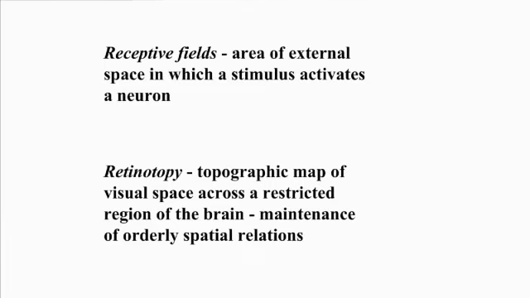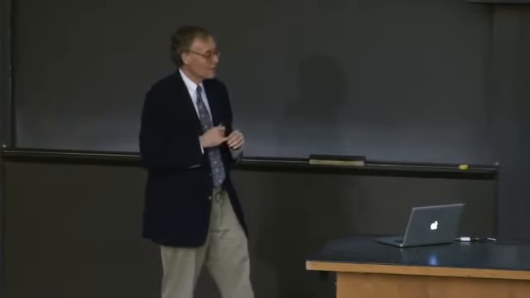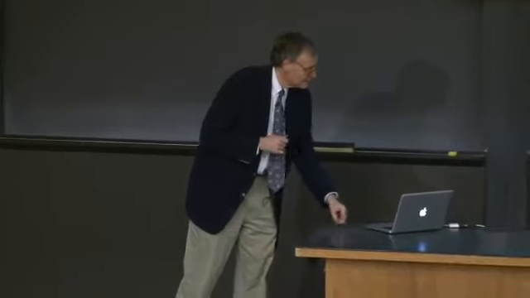Retinotopy refers to topographic or spatially organized maps of visual space across a restricted region of the brain. And so retinotopy keeps these receptive fields lined up. If a neuron is seeing this spot, a retinotopic map means the next spot stays next to it, and the next spot stays next to it, so you can reconstruct what you see based on a lot of very local glances at the environment.